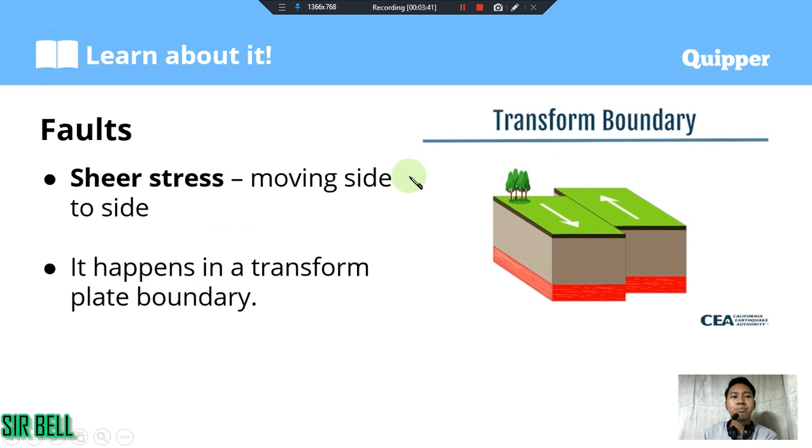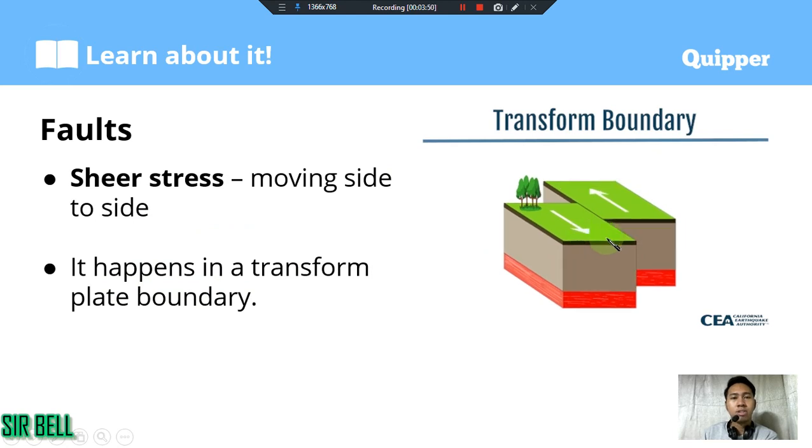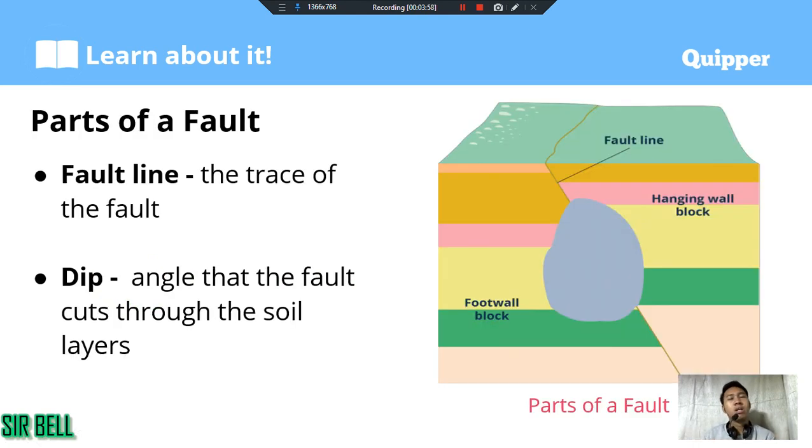If you can see clearly on the picture or the GIF, they move side to side, and it happens in a transform plate boundary. All right, so I believe that you are already good with the classification of faults based on their movements. Right now, let's talk about the parts of a fault, which is very important in knowing the types of fault.